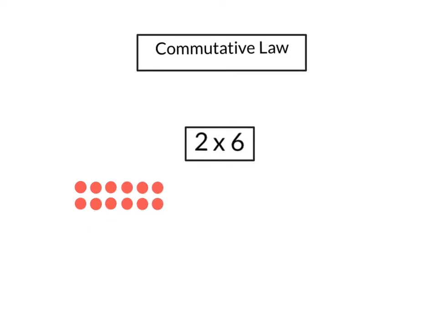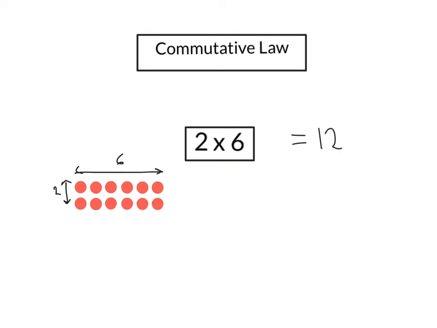There we go. So that means I've got 2 down here and I've got 6 here, and we can see that all together there's 1, 2, 3, 4, 5, 6, 7, 8, 9, 10, 11, 12. So I know my answer is 12, which I'm sure we all did.